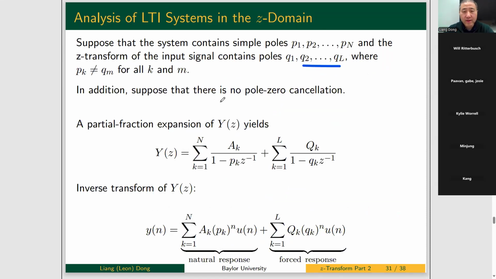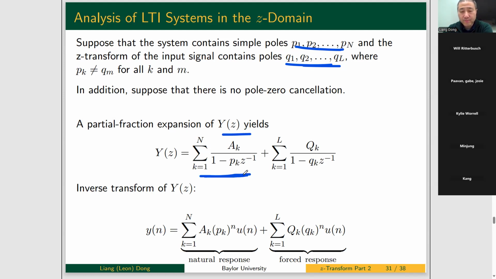In addition, suppose there is no zero-pole cancellation. We will see cancellation on the last page. If there's no cancellation, I have to leave all these poles on the table. For the partial fraction expansion of Y(z), we now know it's easy to do with simple, distinct poles.